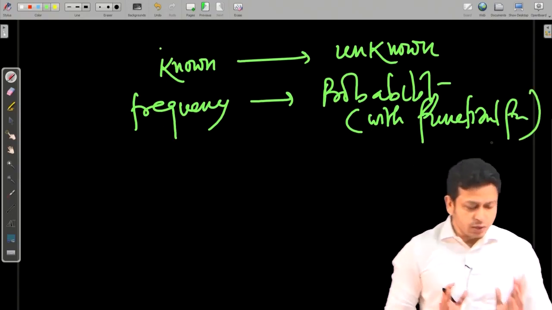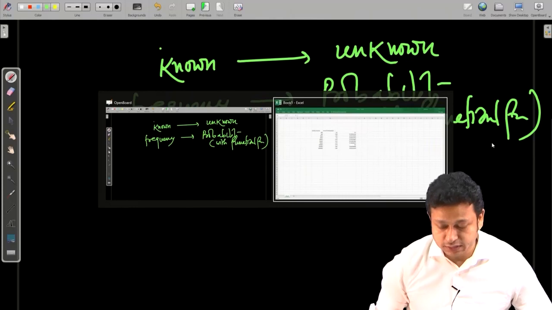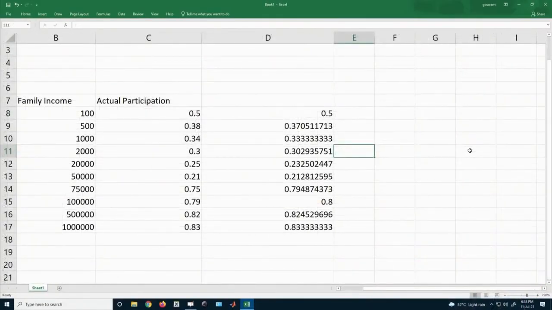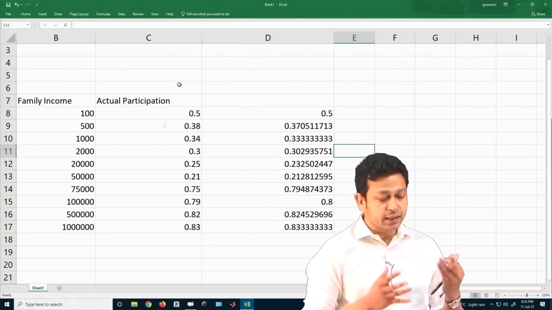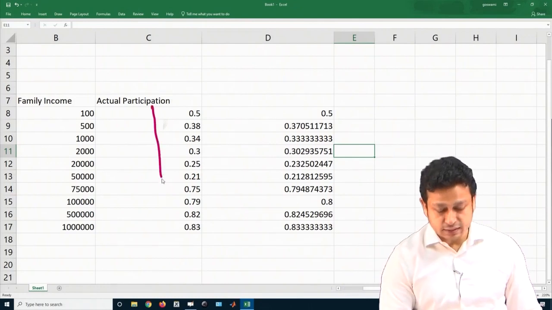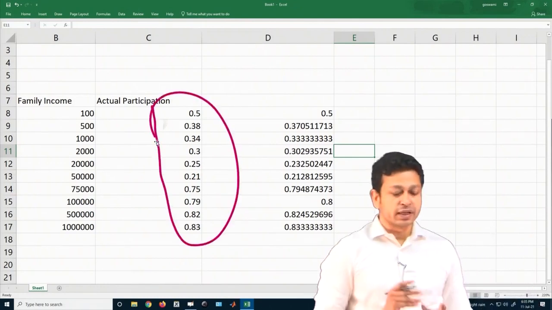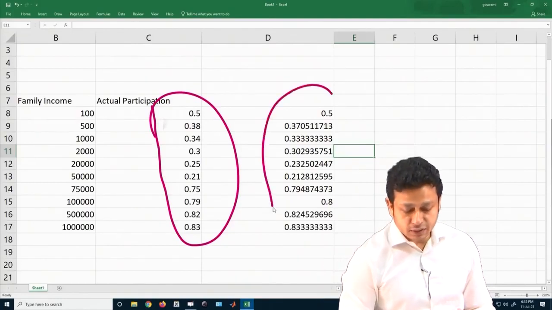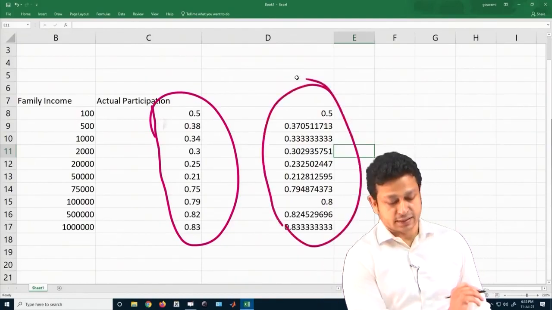Now, look at this again, let us go back to the Excel sheet. If you look at the numbers again, when we had this actual participation, that is something you knew, these numbers you get in this part, you already knew about it, right. But this part is something you are predicting, right.